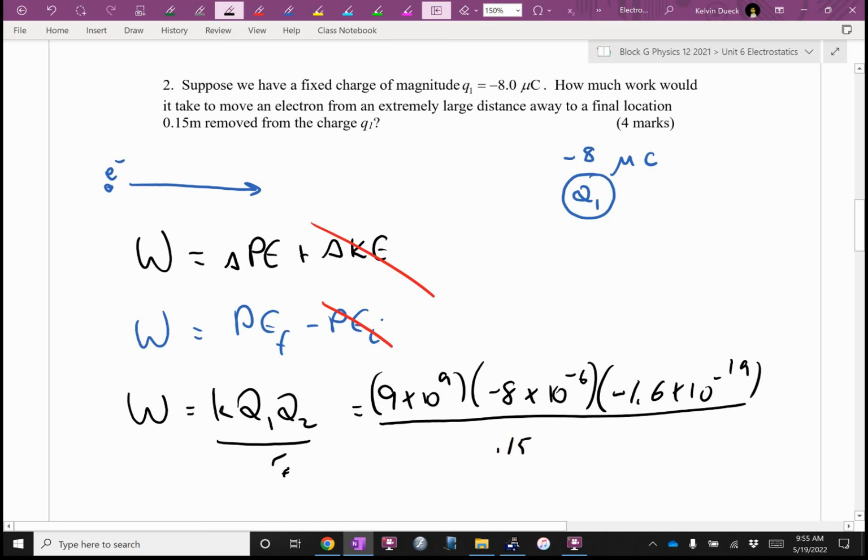You'll notice I get a negative times a negative, which is a positive answer. Yeah, I would have to do work, because does this electron want to move to the right? No, it's being repelled the whole way. So on a microscopic level, you would be pushing and pushing and pushing, like lifting an object up. You are doing work against a force.